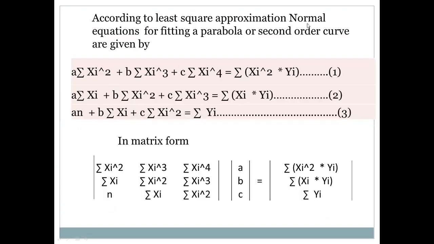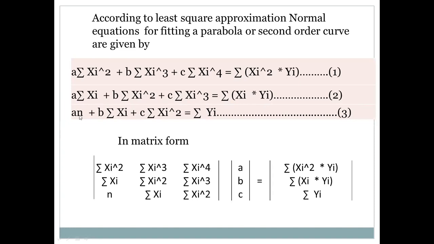According to least square approximation, normal equations for fitting a parabola or second order curve are given by: a sum of xi square plus b sum of xi cube plus c sum of xi raised to 4 equal to sum of xi square yi. Second equation, a sum of xi plus b sum of xi square plus c sum of xi cube equal to sum of xi yi.